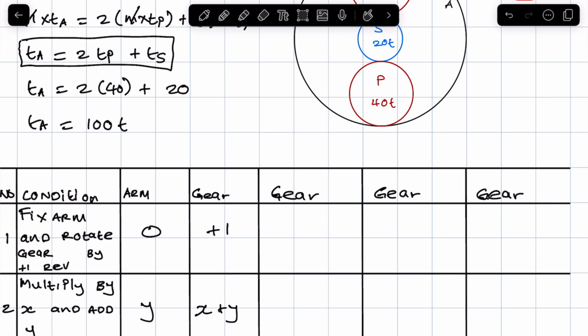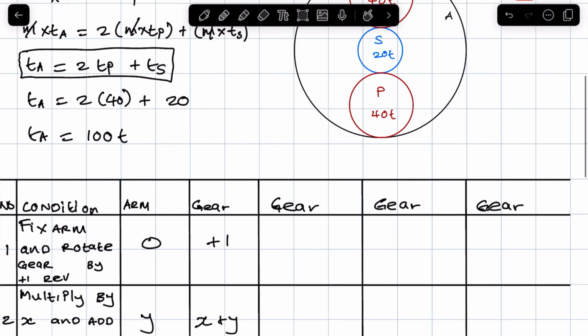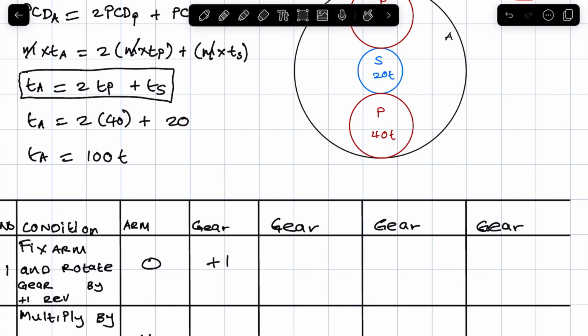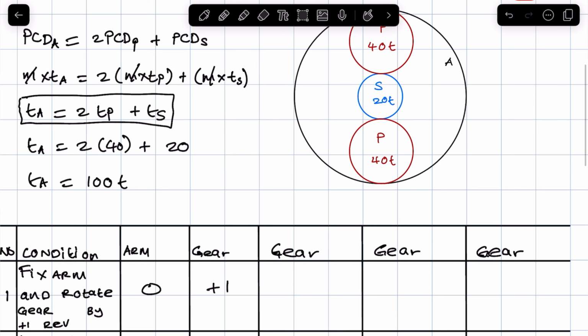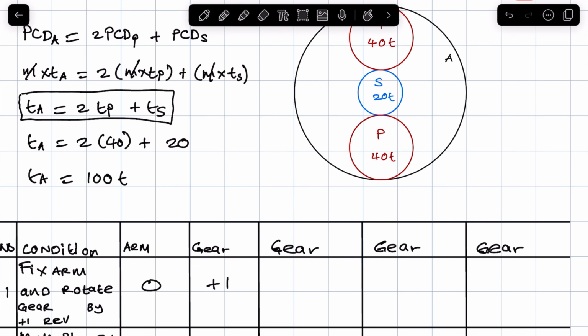If you mess up the first condition, then it's basically over, because all the other conditions are contingent on us getting the first condition correctly. So what I like to do is fill in all the number of teeth at the top of each column.